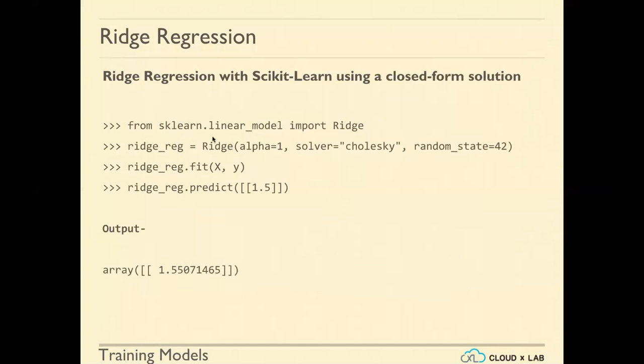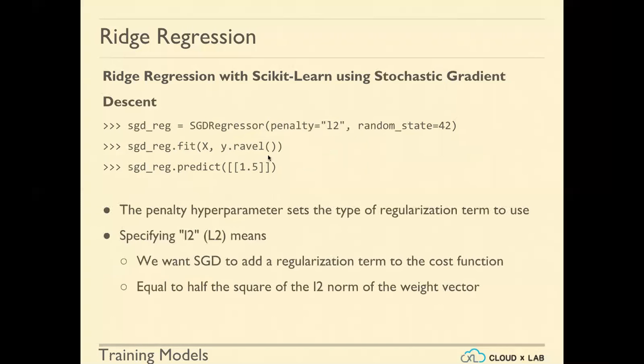Here we are saying Ridge along with the solver as Cholesky, and here we are saying use the SGD regressor along with penalty as L2. I think that answers your previous question. The regularization term is called penalty. We earlier confused it with the loss, until we saw the documentation.